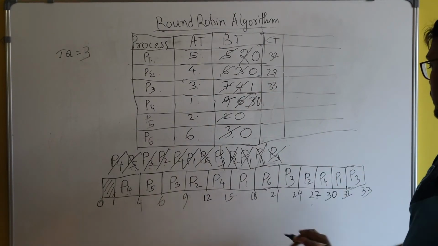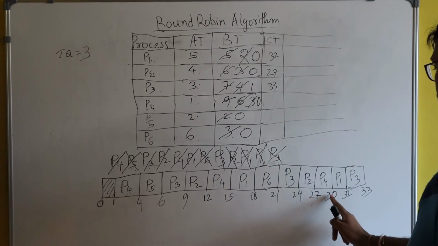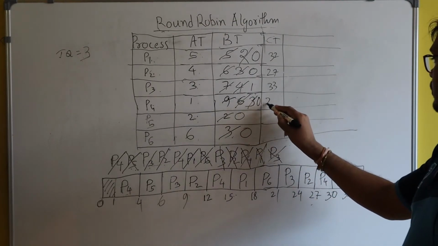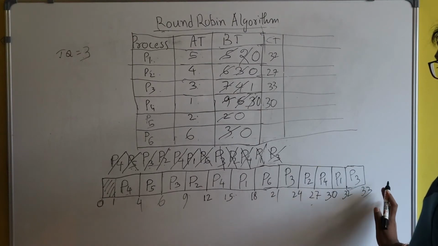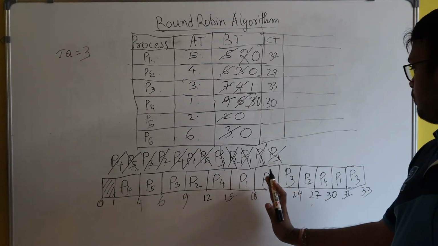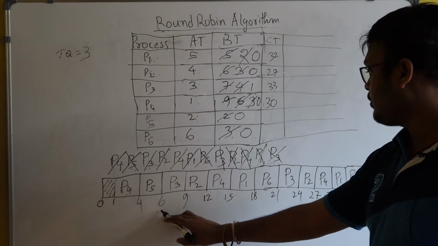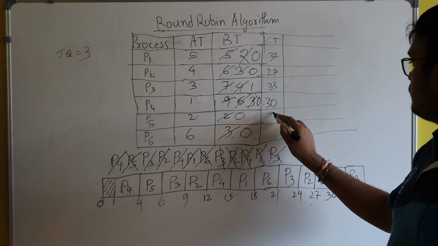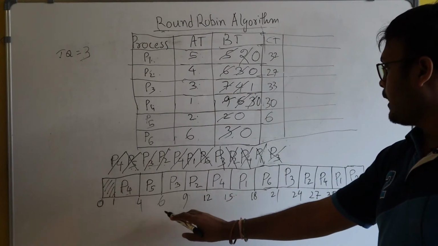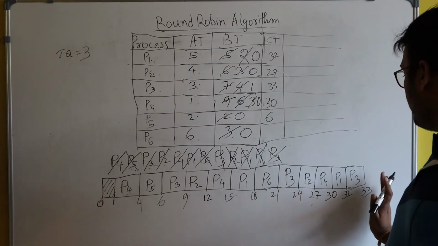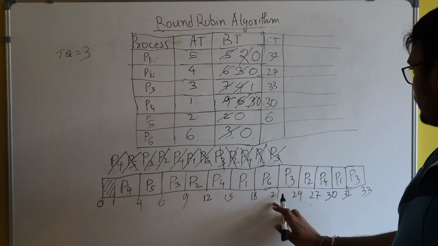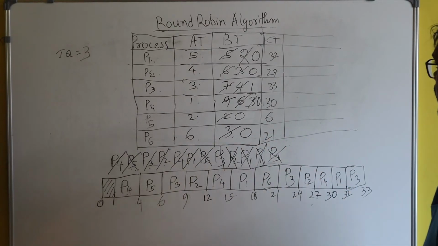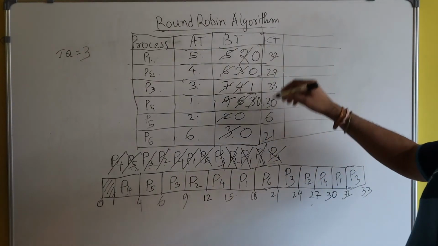For P4 it will be 30. For P5 it's 6. And for P6 it will be 21. So here I have written the completion times.